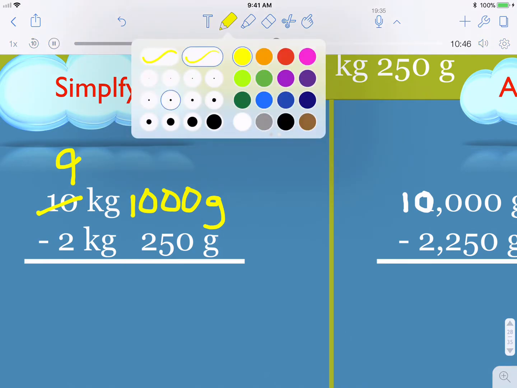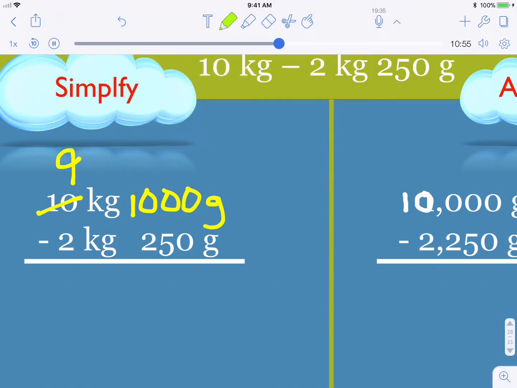This should actually be 10,000 grams minus 2,250 grams. So what we have is we have 0. Now we're going to go to the neighbor. We can't borrow, so we're going to go on over. That would make the combined number 10. So I take 1 away. That leaves me with 9.